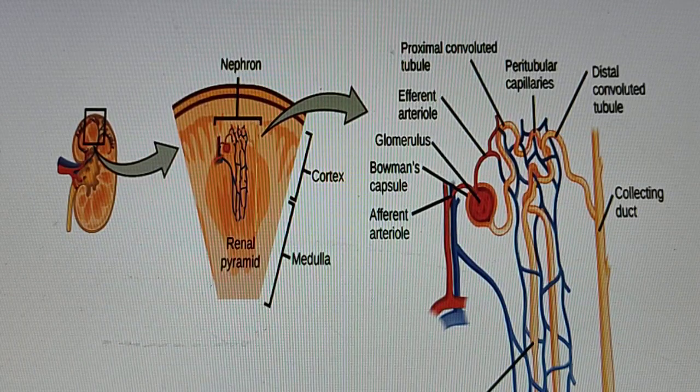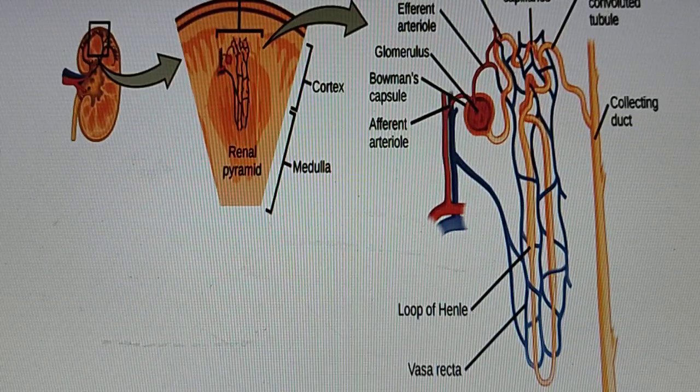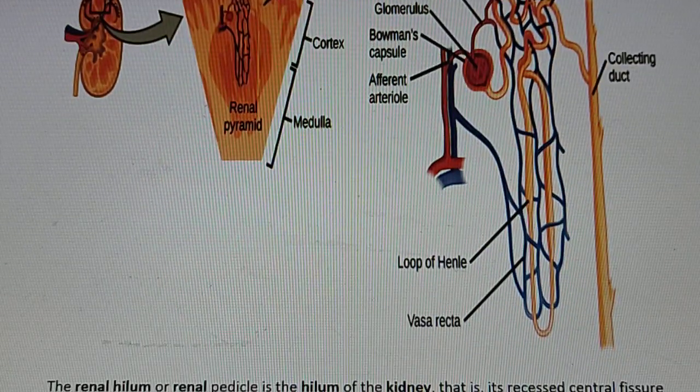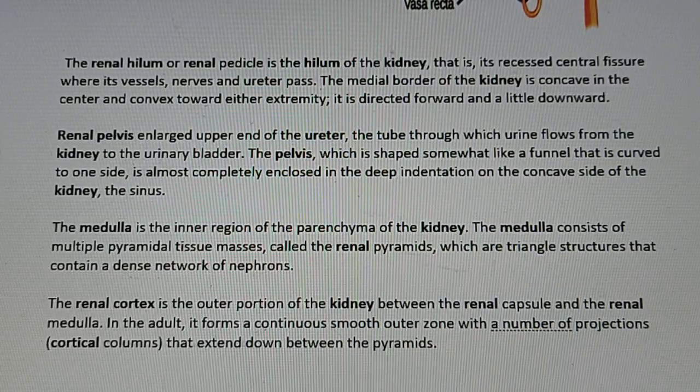These are the information. Just take a look at this. It looks like a tube. Other information about the parts of the kidney: the renal pelvis, the renal hilum, the renal medulla, or the renal cortex. Just read on this information, guys.